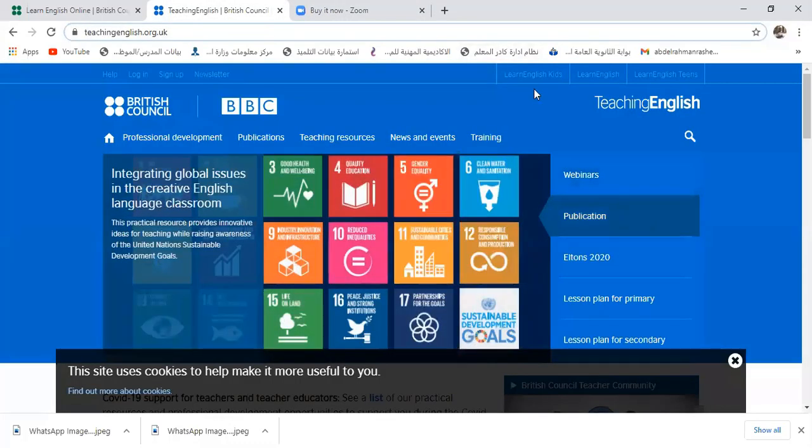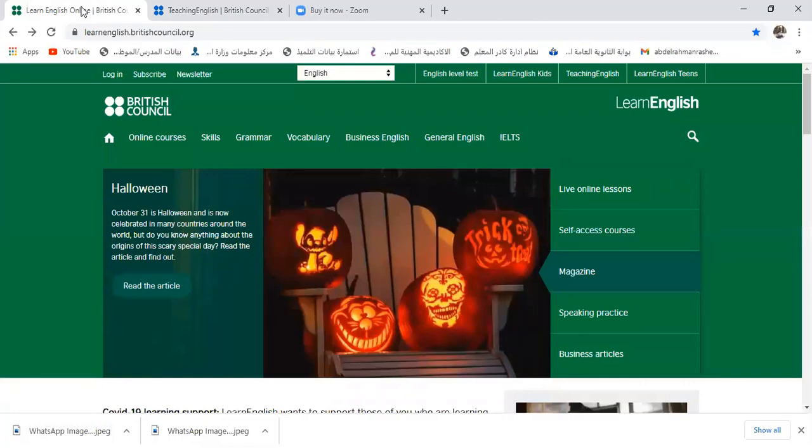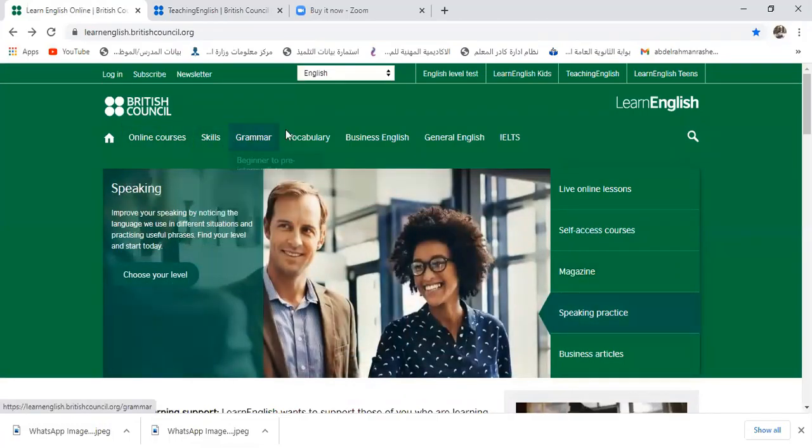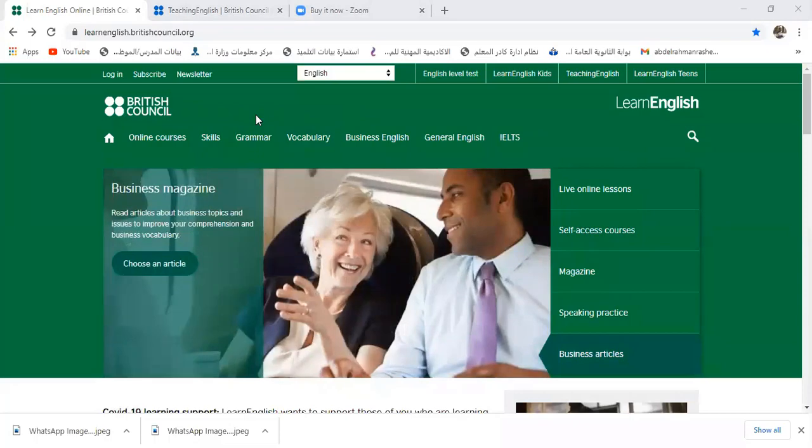So you can benefit from all these tabs and learn a lot of activities and materials. You can use it in teaching English. The other website is Learn English. You can find the skills: grammar, vocab, listening, speaking, and writing. And you can find some material related to IELTS.